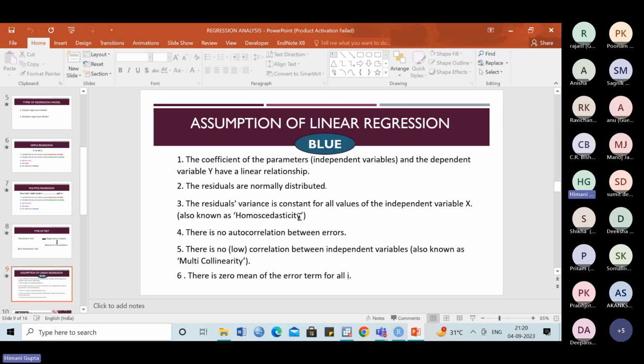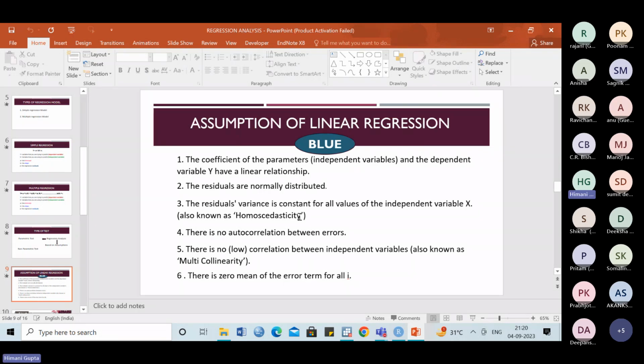The opposite of homoscedasticity is heteroscedasticity. Hetero means different and scedasticity means variability. So all the residuals vary differently. Some have a small distance and some have a big distance. That means they are not varying equally.